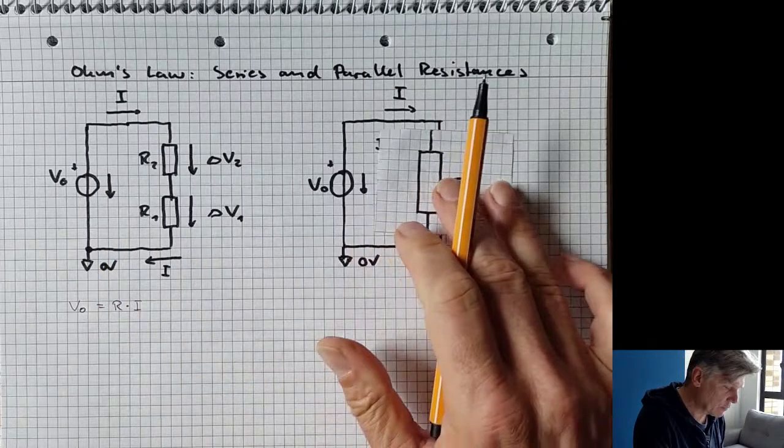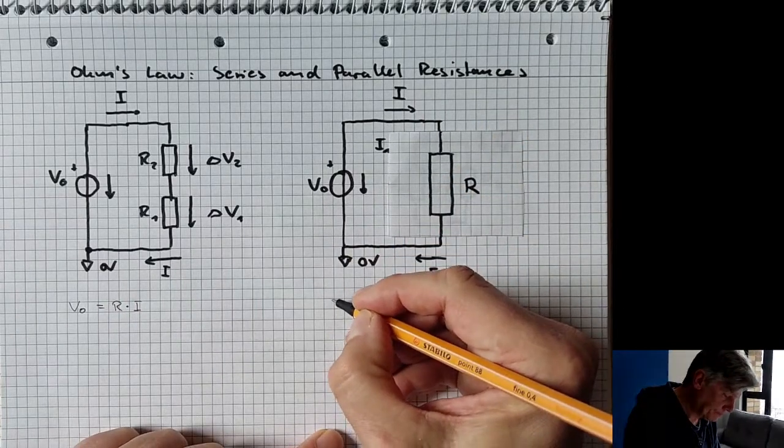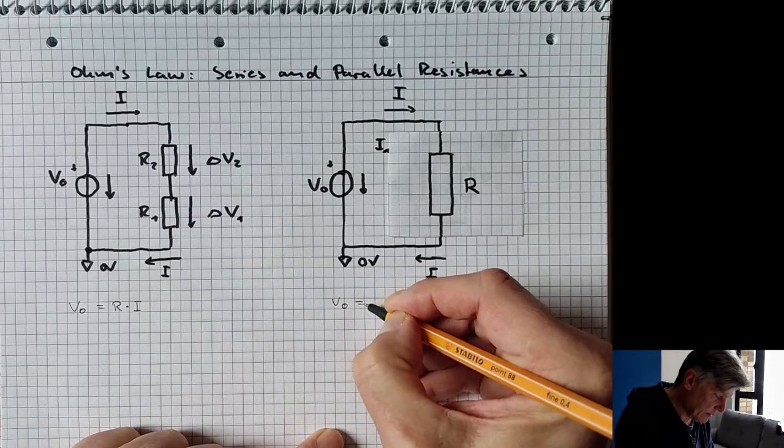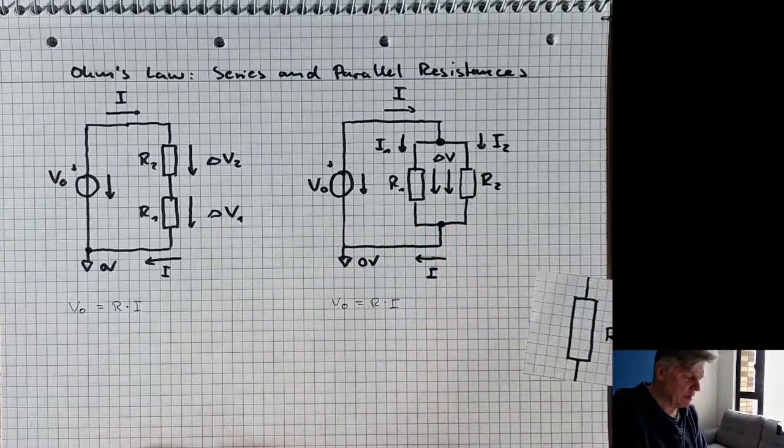And the same is true on the right side. V0 is R times I. So now let's have a closer look here.